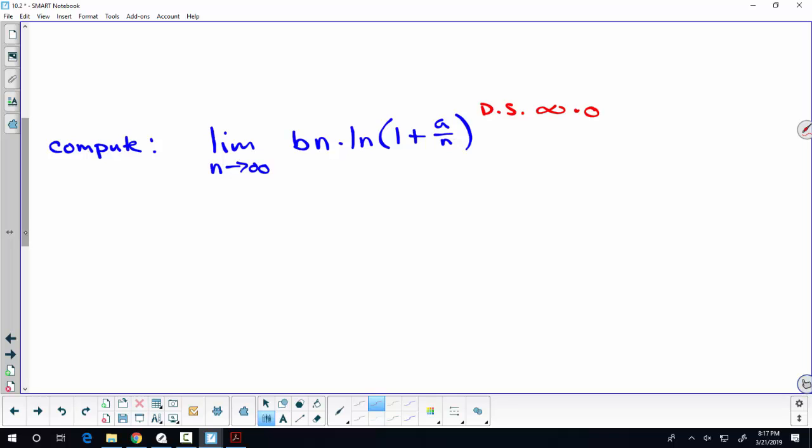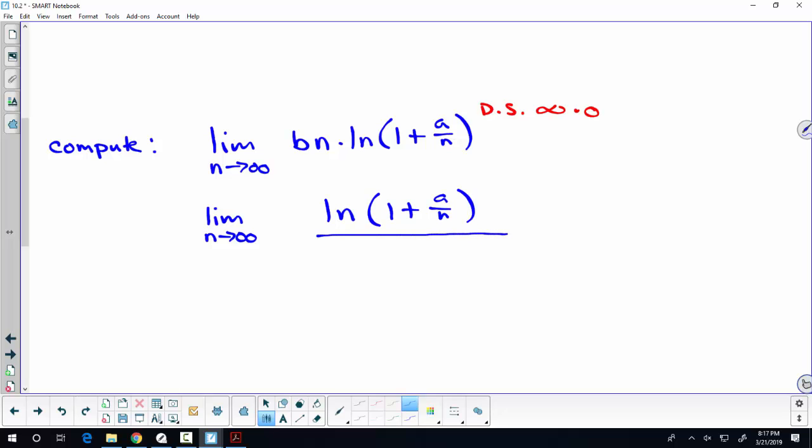So we talked about this in chapter, what was it, 8.9 with improper integrals. You've got to rewrite this as a quotient. So we're going to leave the ln term as it is, and then we're going to divide by the reciprocal of the other factor, the reciprocal of bn.